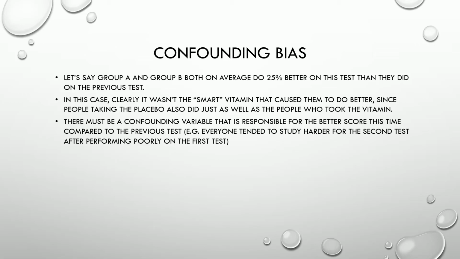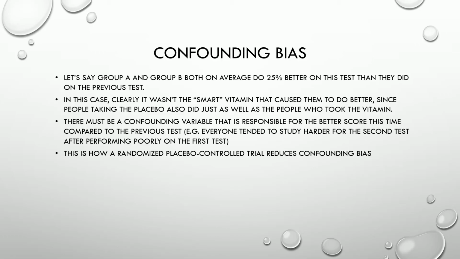There must be a confounding variable that is responsible for the better score this time compared to the previous test. For example, everyone tended to study harder for the second test after performing poorly on the first test. This would be a confounding variable. This is how a randomized placebo-controlled trial reduces confounding bias.